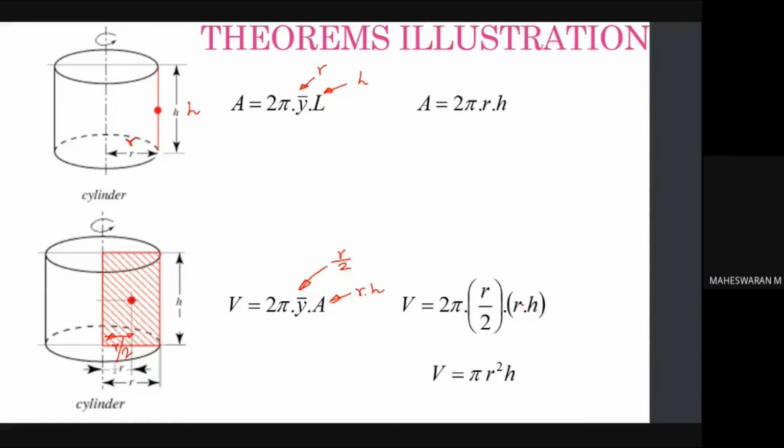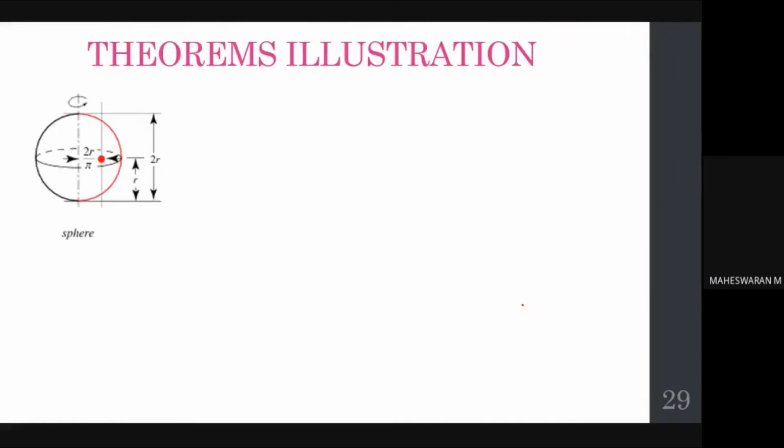Okay, let me consider the other example, a sphere. Make sure the centroidal location of this curve is 2r by pi. Actually, you have to identify it using the formula. x bar is equal to sigma L into x bar divided by sigma L, because we are dealing with length.